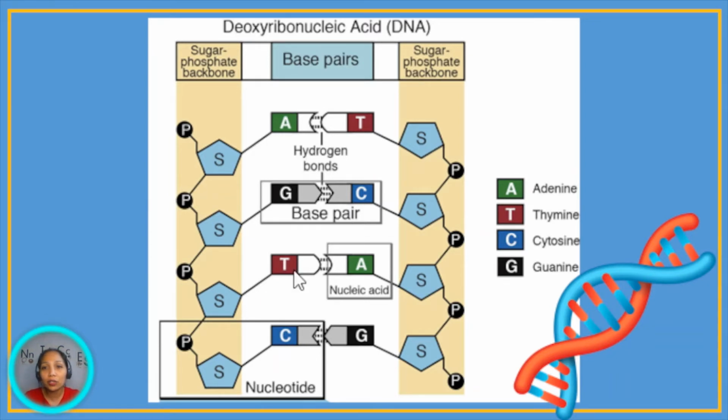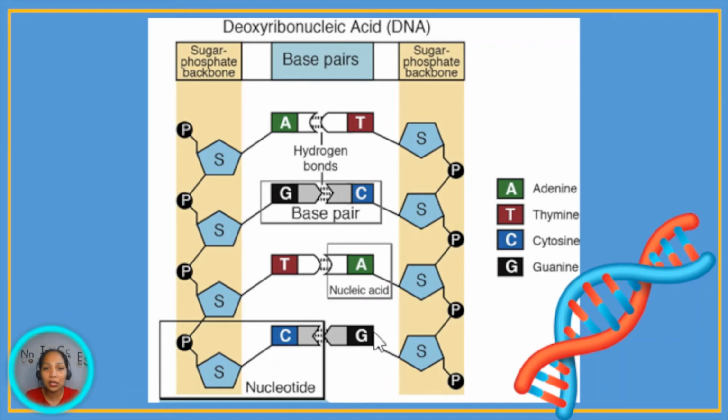While the nitrogenous bases in the middle form the rungs of the staircase, and they are bonded together by hydrogen bonds. These hydrogen bonds between the bases hold the two strands of nucleotides together. A is always paired with T, and C is always paired with G.